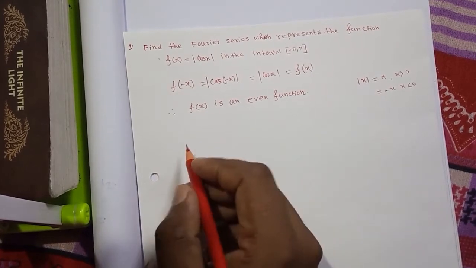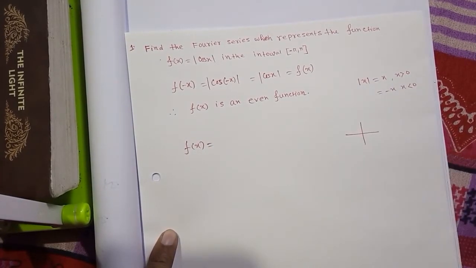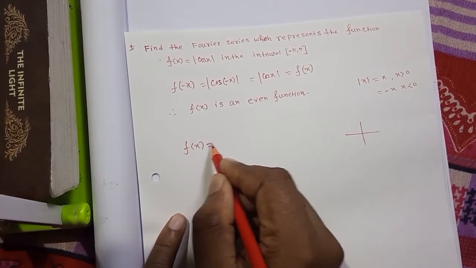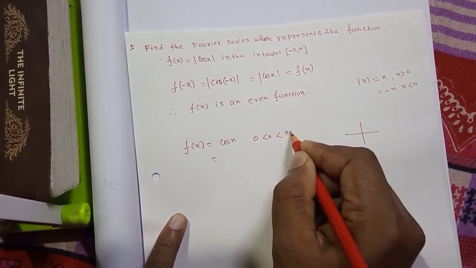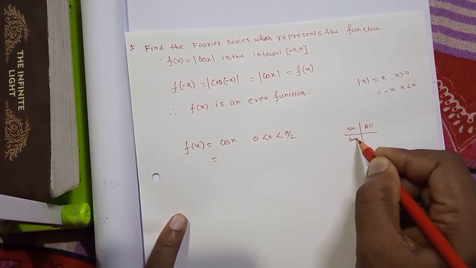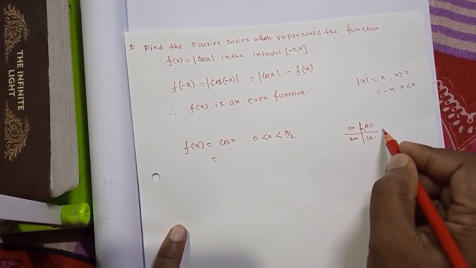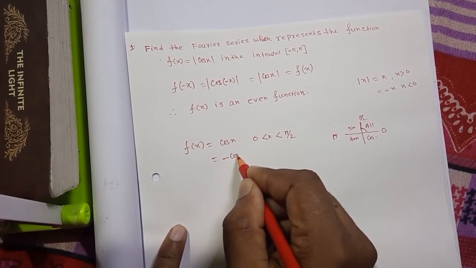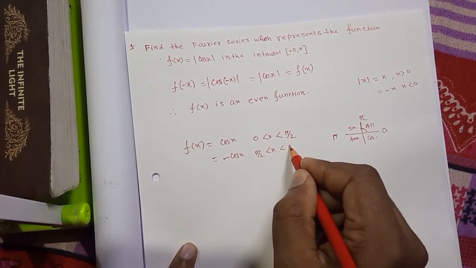Here f of x, the limit is 0 to pi, so f of x takes the value cos of x for 0 less than x less than pi by 2, as in the first quadrant all sine, tan, cos are positive, therefore first quadrant 0 to pi by 2, 0, this is pi by 2, this is pi, and minus of cos x for pi by 2 less than x less than pi.